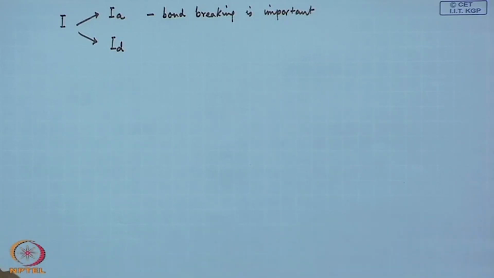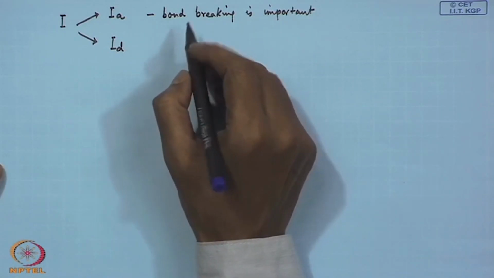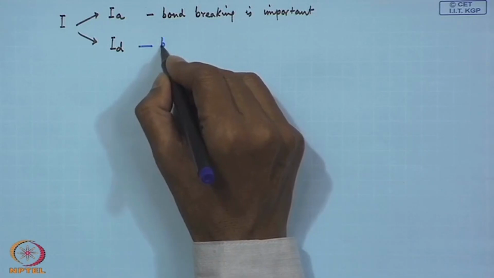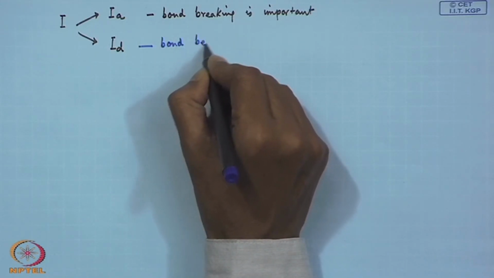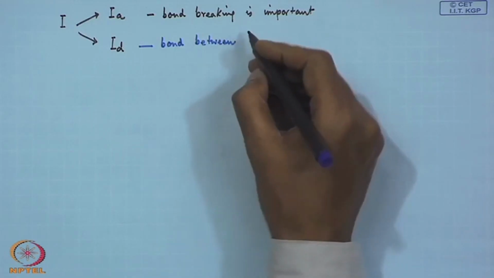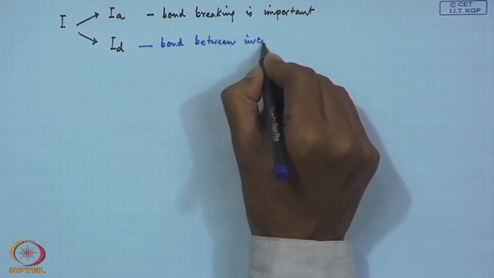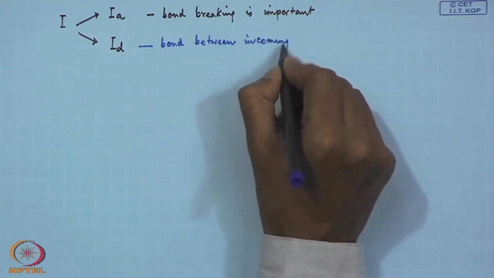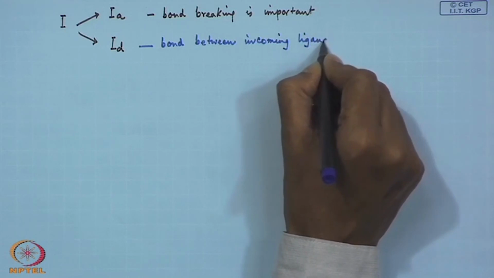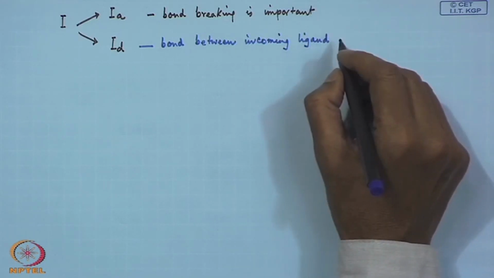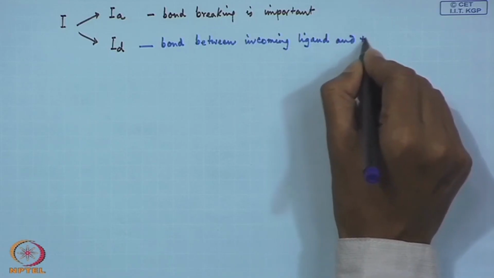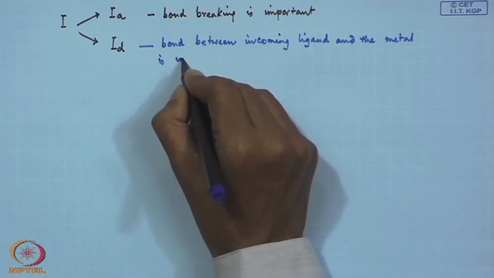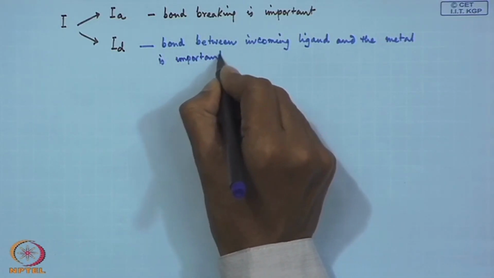And in the second case, which is the dissociative one, the bond formation, the bond between the incoming ligand and the metal is important.